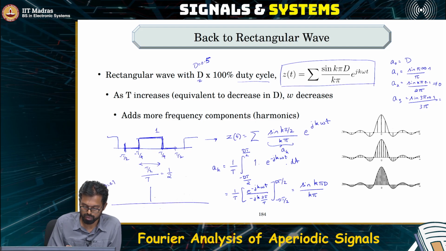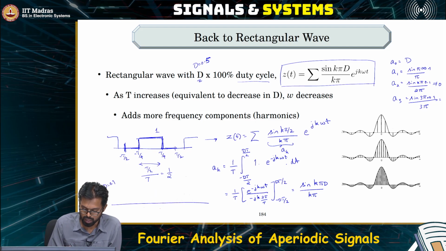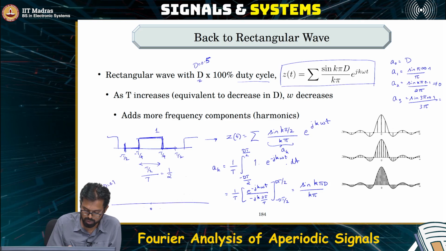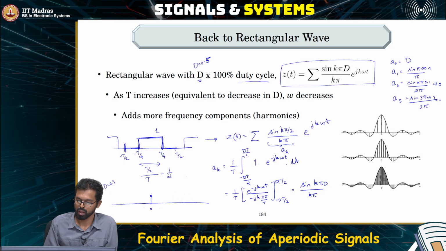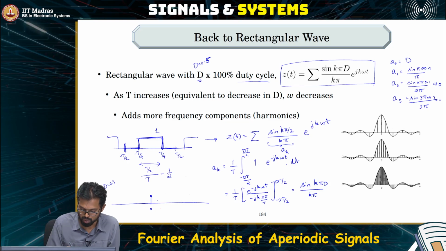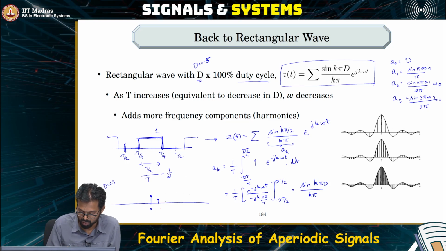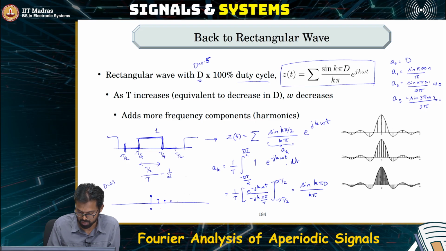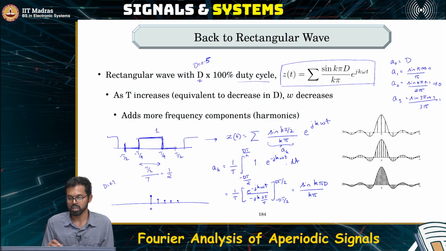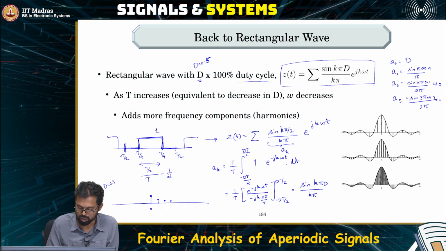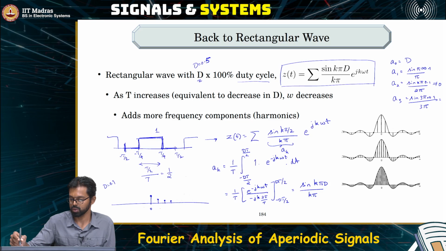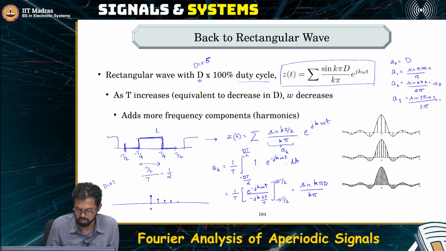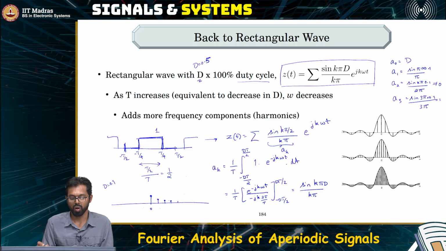At 0 we have 0.1, since A naught is equal to d. Then A1 is another non-zero term, A2 is another non-zero term, A3 is another non-zero term, A4, they are all non-zero and they are all positive because they have not crossed that line. They cross the line only when they attain 0 at some point. So they remain non-zero for a long time.